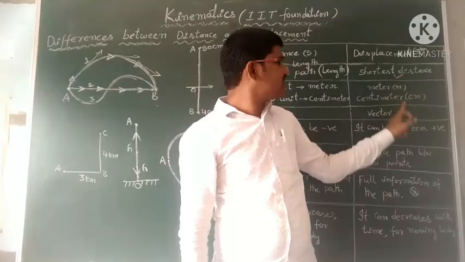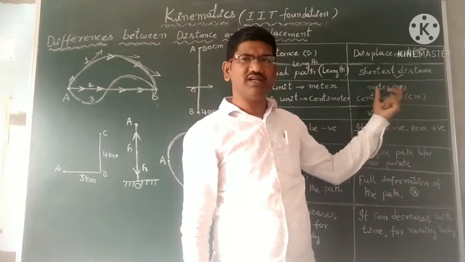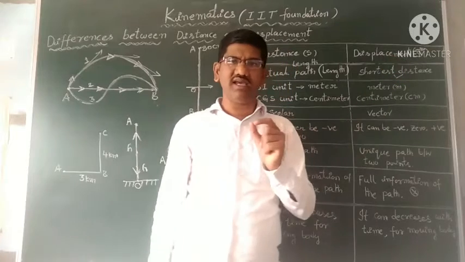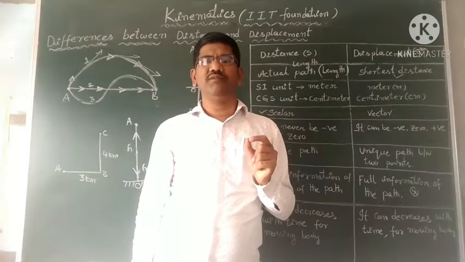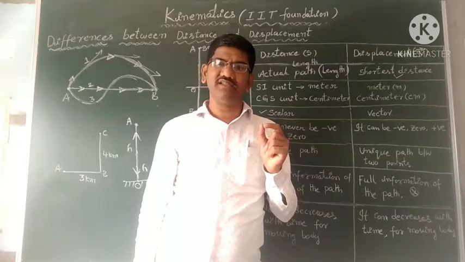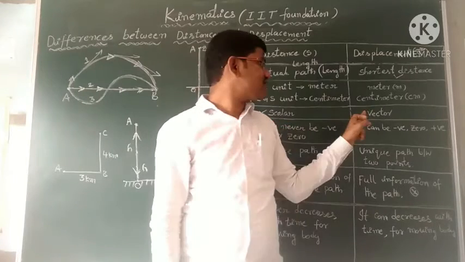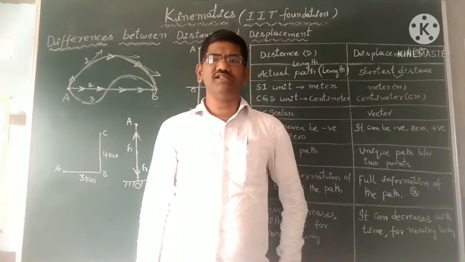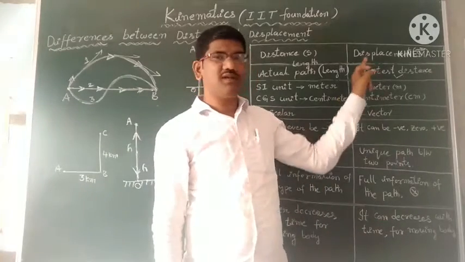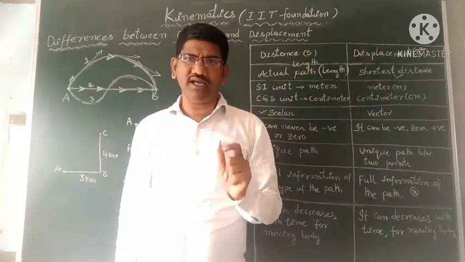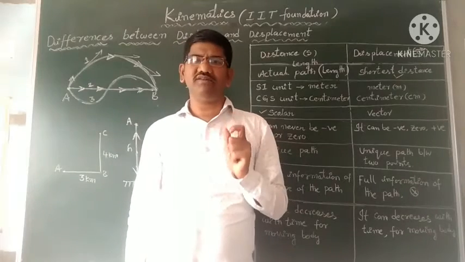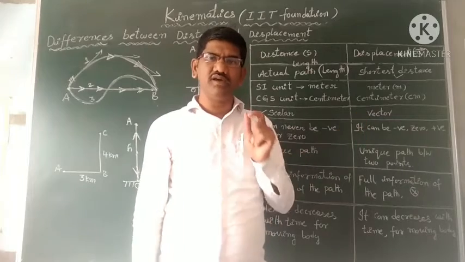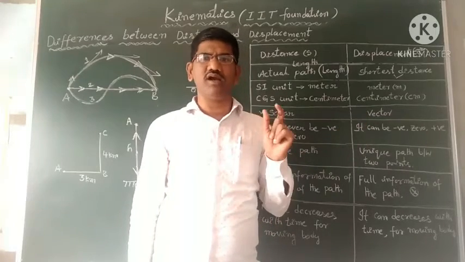It has magnitude, some 10 meters, 20 meters, 5 meters, or some value, and it also has a direction, and also satisfies the vector laws of addition. So displacement has both magnitude and direction, and also obeys the vector laws of addition. That's why we can call displacement a vector physical quantity.